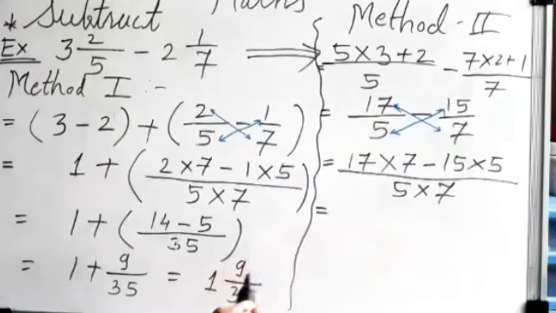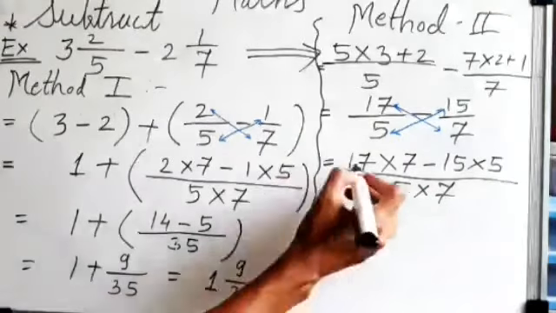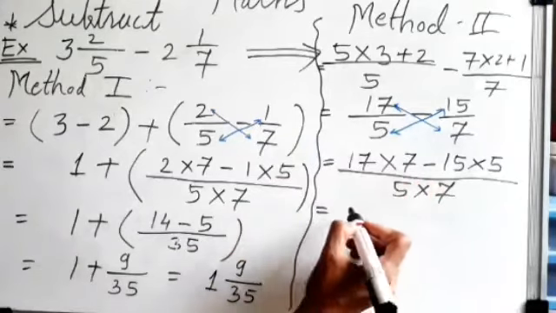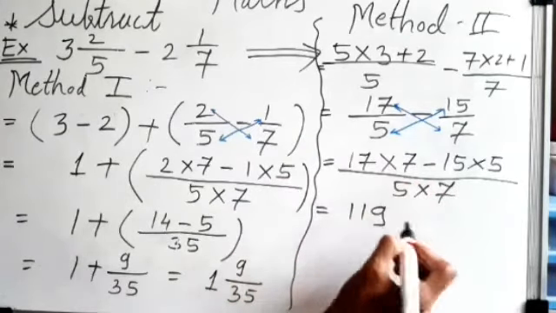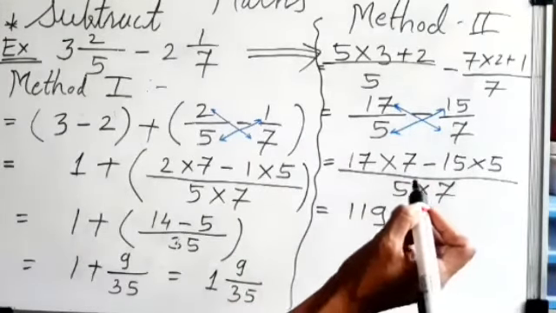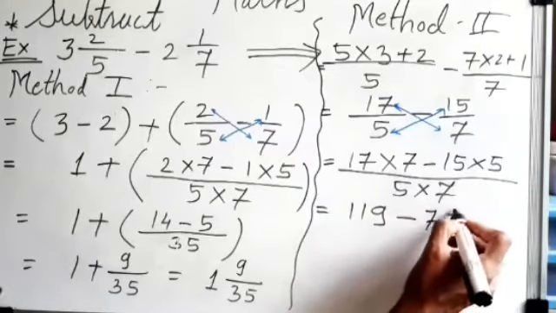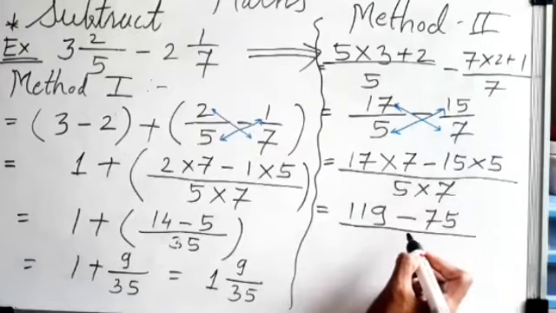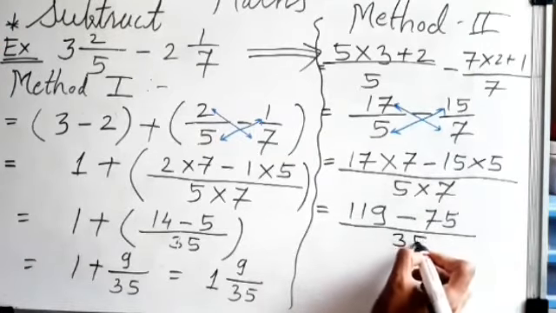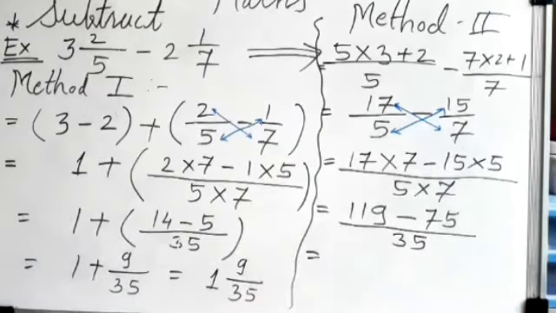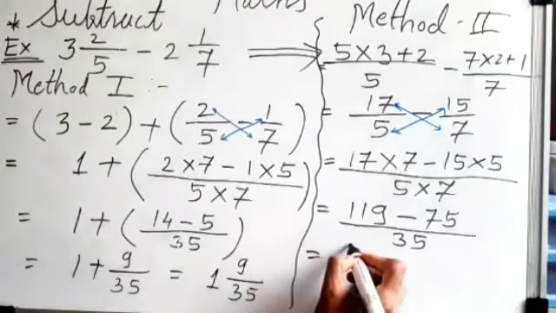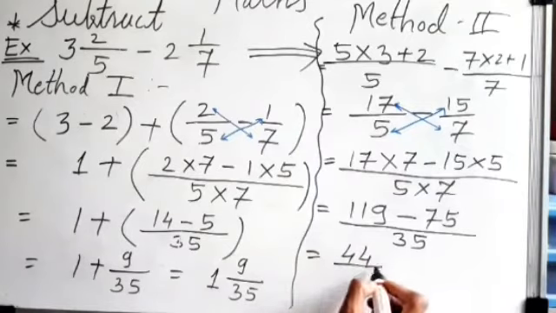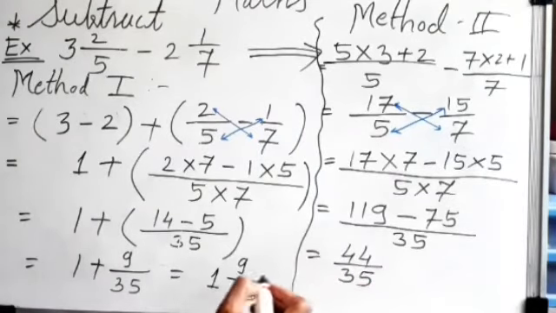Now just multiply. 17 sevens are 119, minus 15 fives are 75, upon 5 sevens are 35. 119 minus 75, you will get the answer 44. So 44 upon 35.